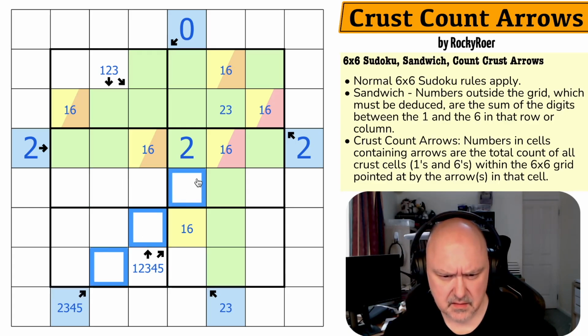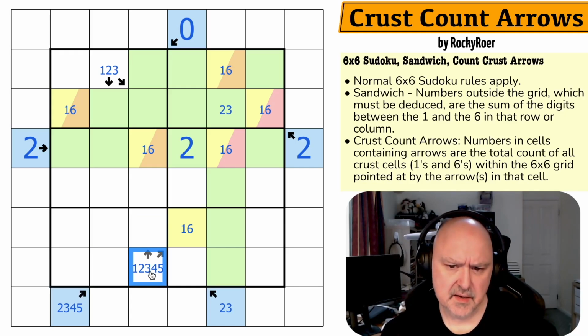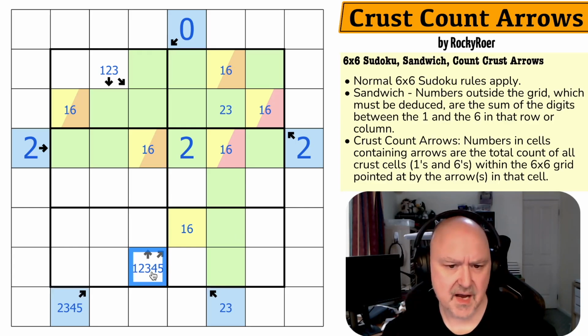And here, what about this one? Well, this is also restricted because I'm only seeing 1 on this diagonal. So for this to be 5, I could see 2. So this can't be 4 or 5 either for the same reason.